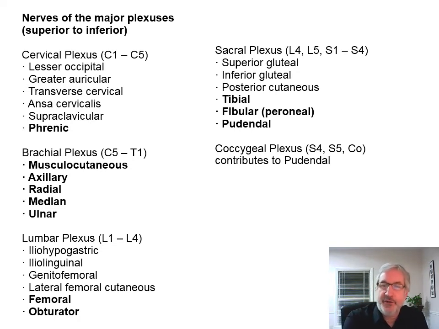Then the ones I want you to know are the tibial, the fibular, or the peroneal, and the pudendal. Then the coccygeal plexus has nerves that come from S4, S5, and the coccyx, and it contributes to the pudendal nerve. Most of it comes out of the sacral plexus.